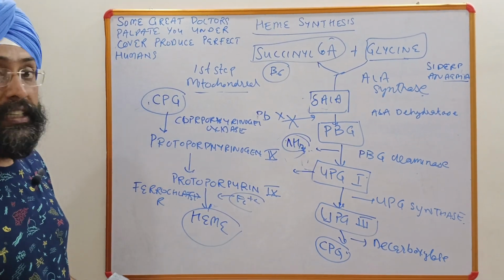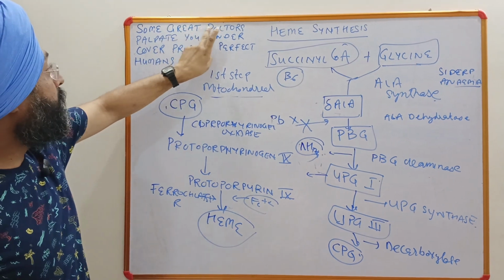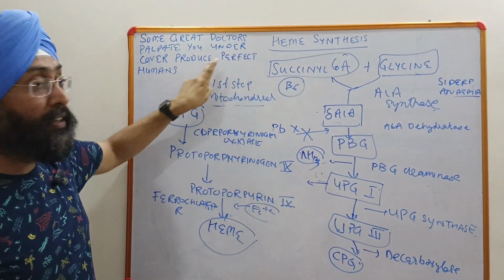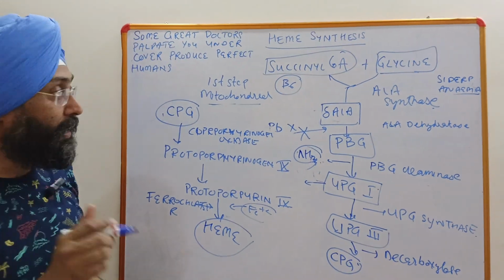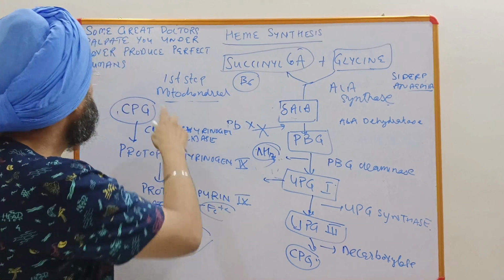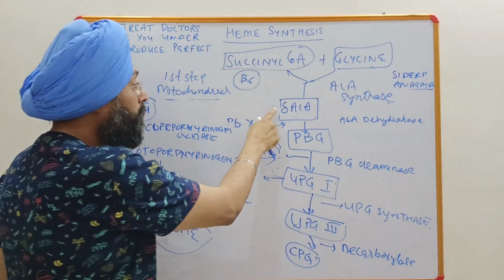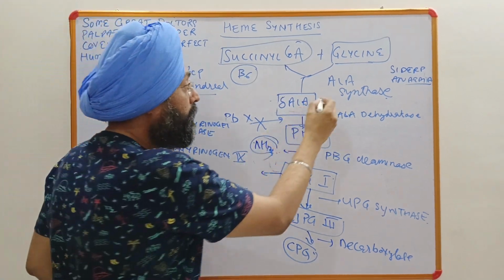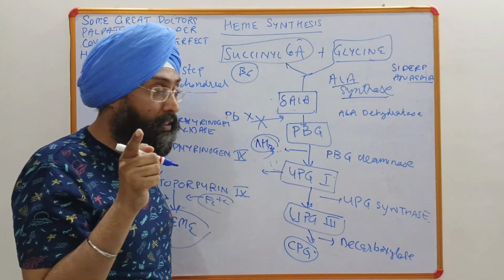So just to revise: Some great doctors palpate you undercover to produce perfect humans, right? Some great: succinyl CoA and glycine, right? To produce doctors, D for delta amino levulinic acid, by the enzyme ALA synthase, right?